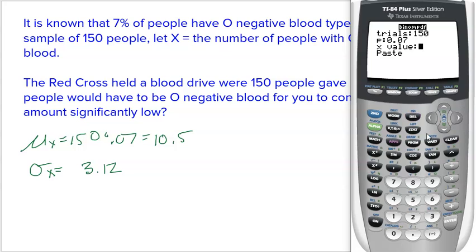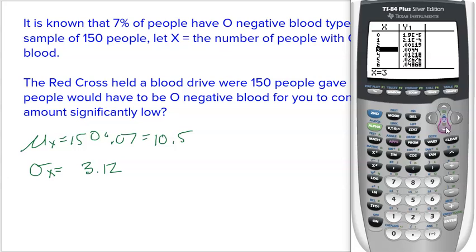There's x. So this is actually going to create a function because x is a variable. I don't know how many people there are going to be. And then once I bring this there, I could hit second graph to see a table. So now I could see it a little bit easier.